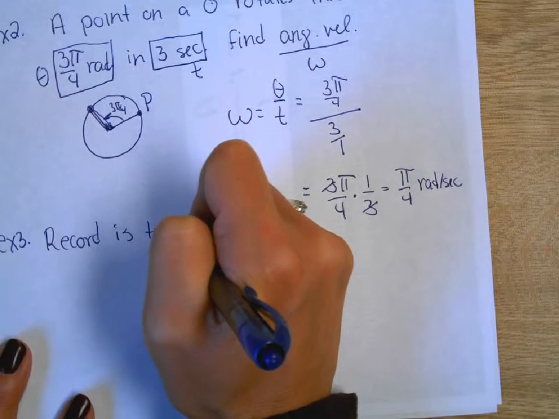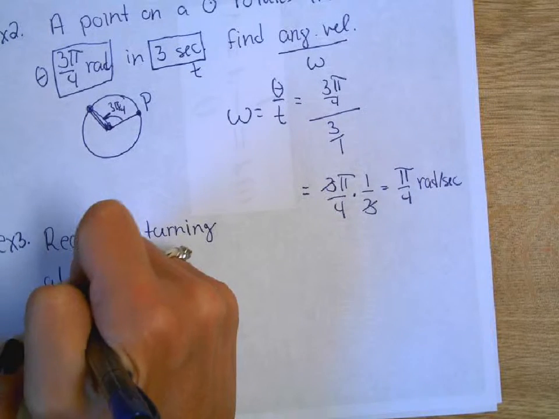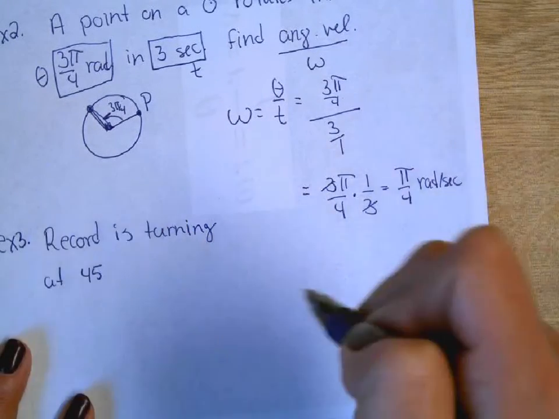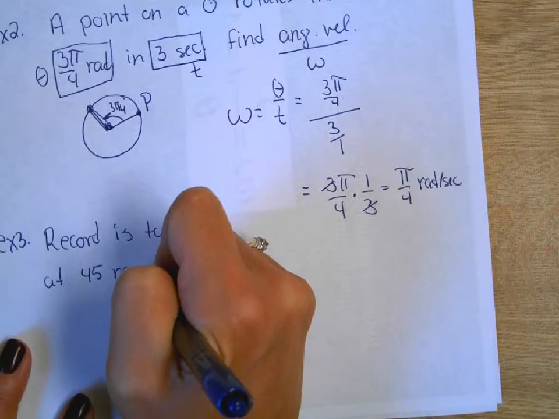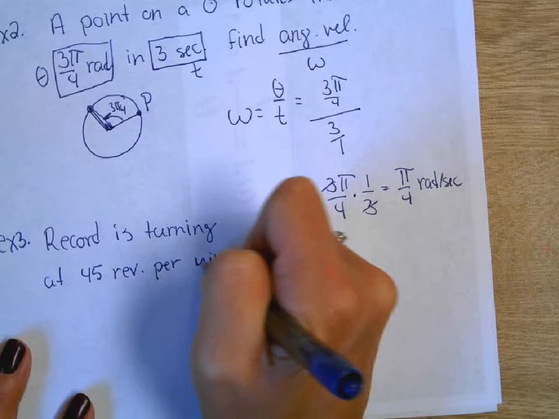A record is turning at 45 revolutions per minute.